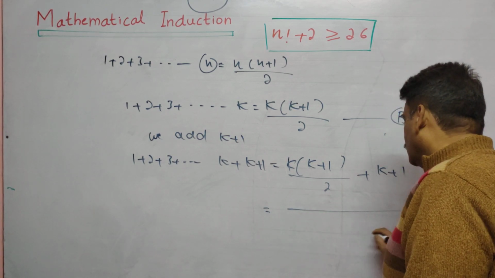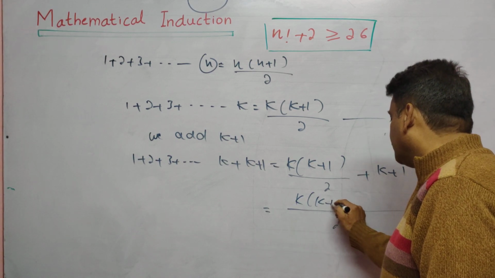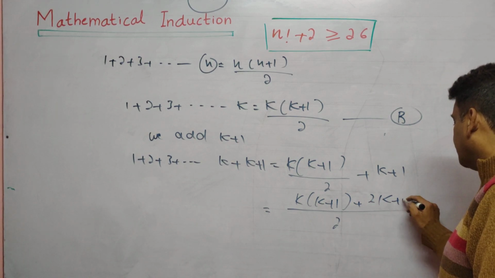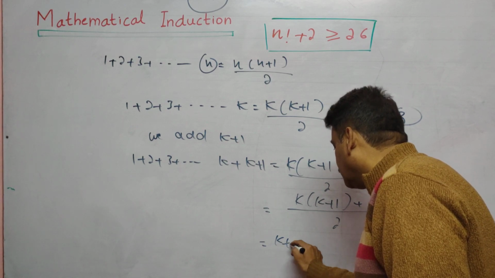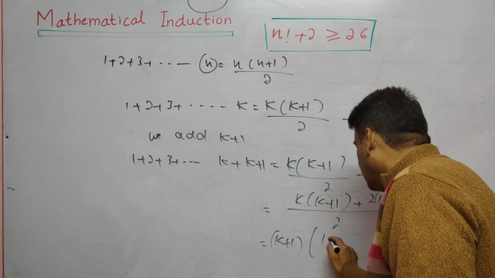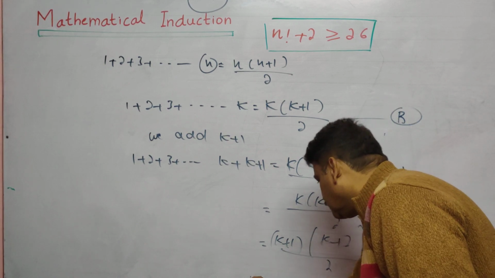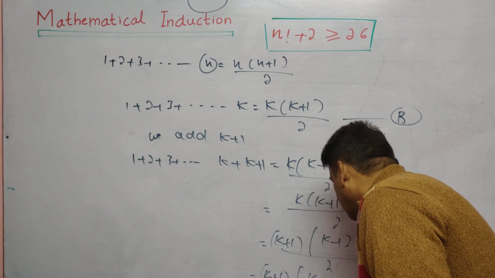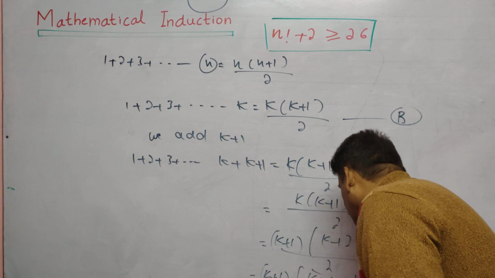By taking 2 as the LCM, k times k plus 1 plus 2 times k plus 1. By taking k plus 1 as common, we will get k plus 2 by 2 times k plus 1, which is k plus 1 times k plus 1 plus 1 by 2.